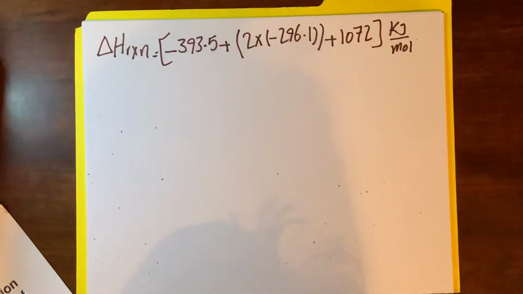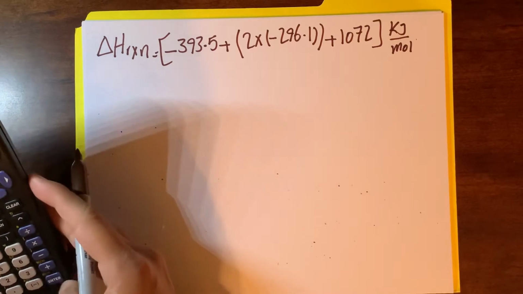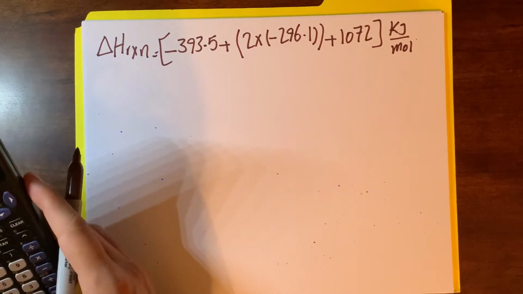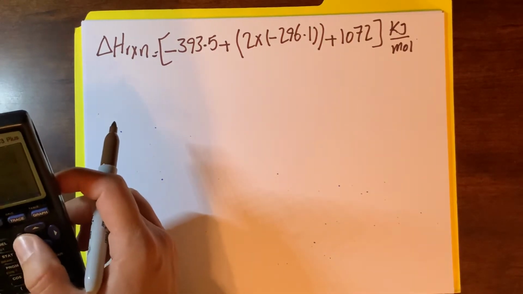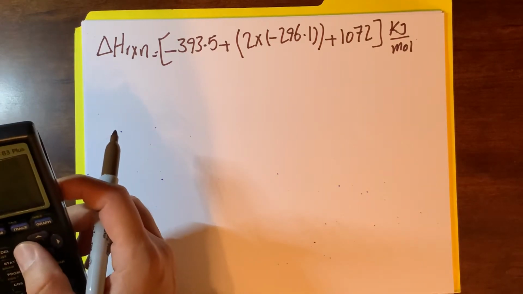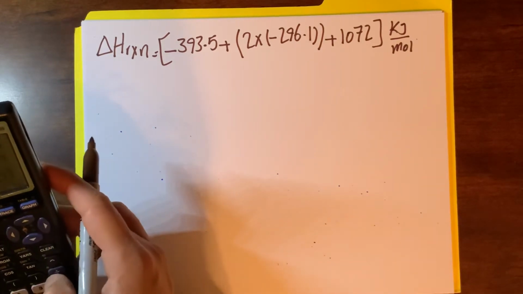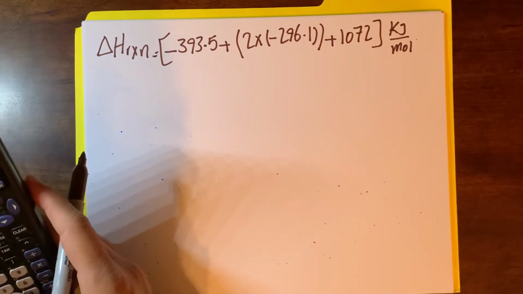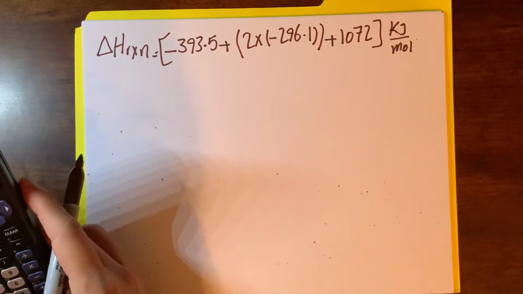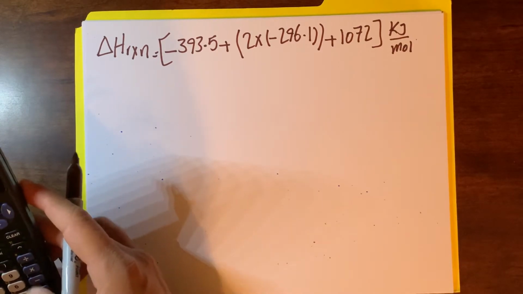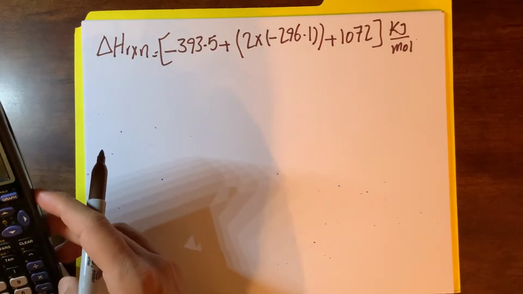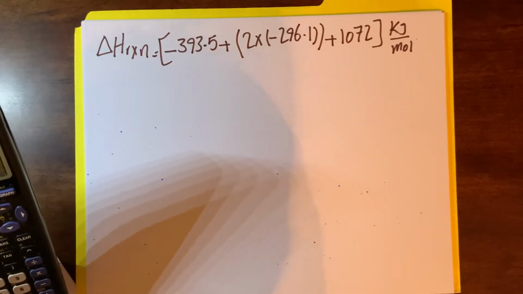Let's calculate this one. Minus 393.5 plus 2 multiplied by minus 296.1, close the parenthesis, plus 1072. Okay, so I got 86.3. Let's double check it.